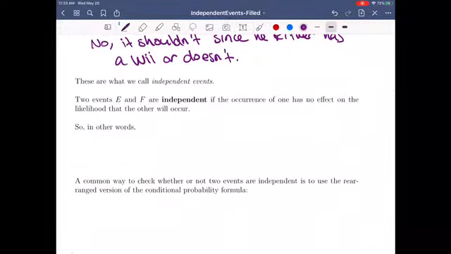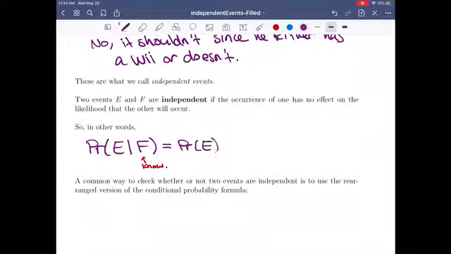In general, we say that two events E and F are independent if the occurrence of one has no effect on the likelihood of the other. Knowing that F occurred does not affect whether or not E occurs. Using notation, what that means is that knowing that F occurred and then trying to compute the probability of E, so E given F, this doesn't actually change the probability.